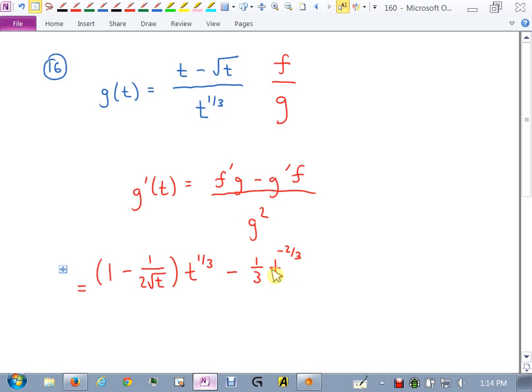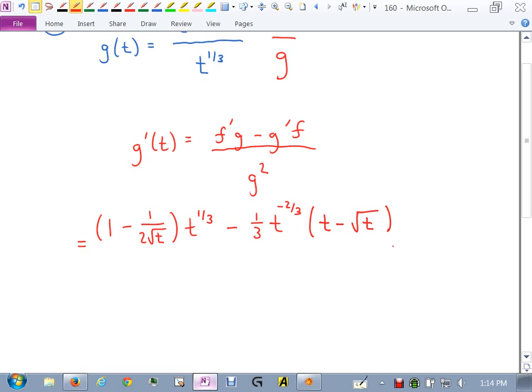I don't need that in parentheses either because it's one term. But then times f, so f is t minus root t. All of this divided by t to the 1/3 squared.